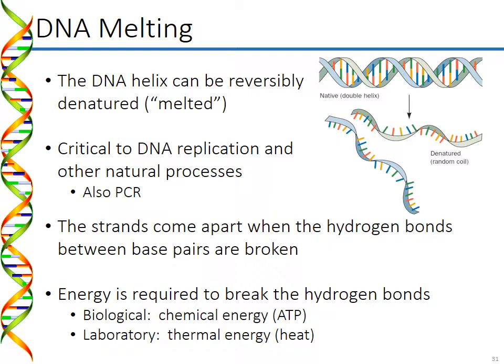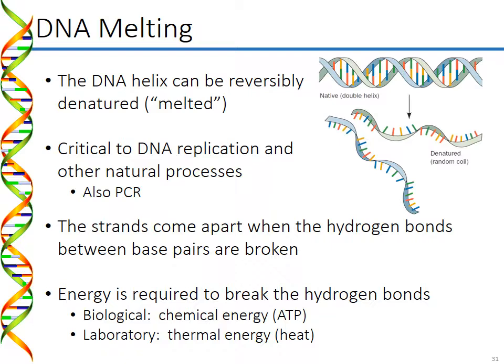And so the two strands come apart when the hydrogen bonds are broken, which does require an energy input to break those bonds. Biologically, within our cells, this is typically mediated by ATP, which provides chemical energy in order to break those bonds.